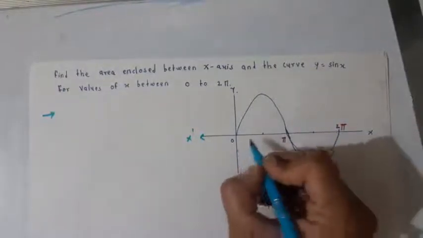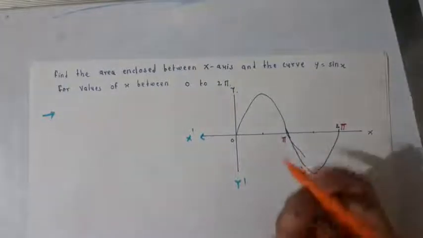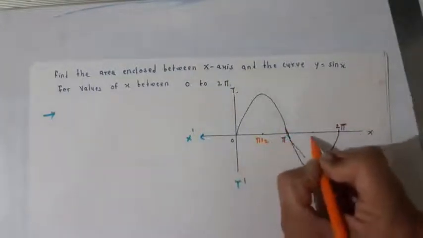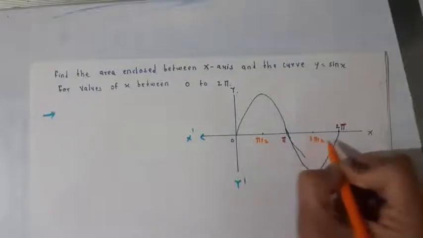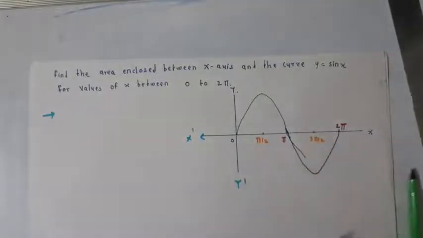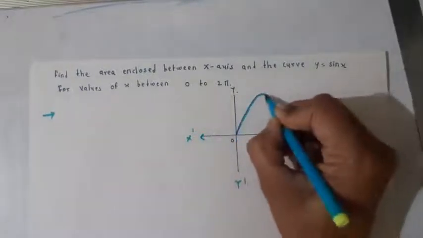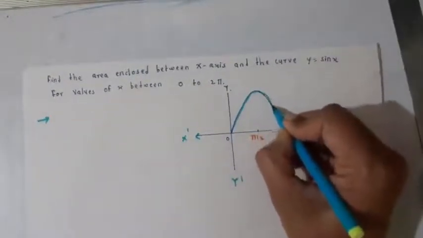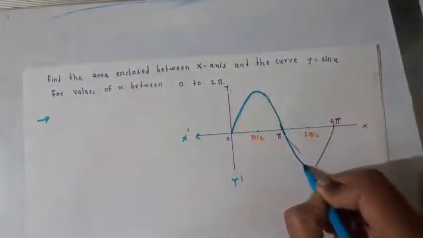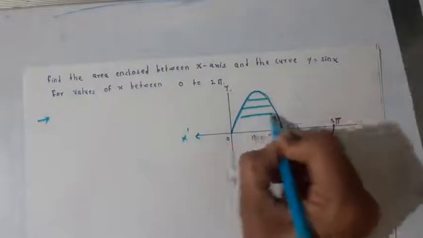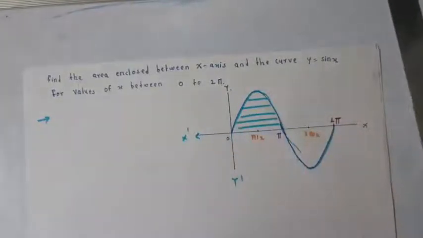So on the x-axis: 0, pi by 2, pi, 3 pi by 2 and 2 pi. And this is the sine curve. You know the sine curve is like this. Now let us find out this area.